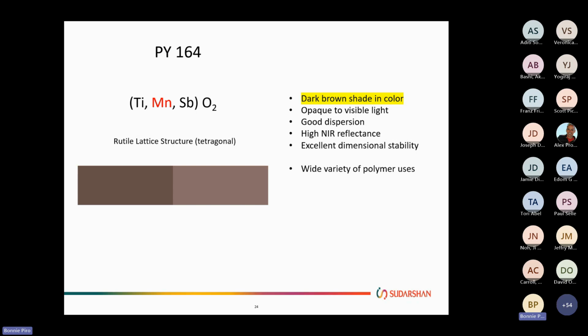Pigment Yellow 164. This is the third in the rutile area. This is a lovely dark brown color, with all the same properties as the other CICPs, so I won't go too far into that one, but wanted you to be able to see the color here.